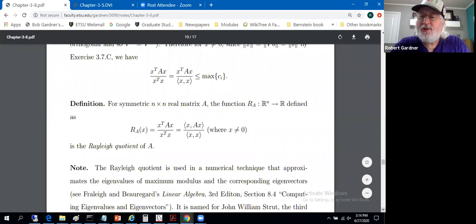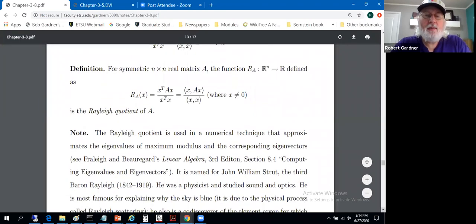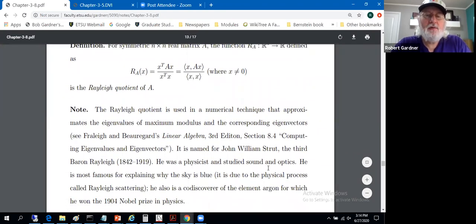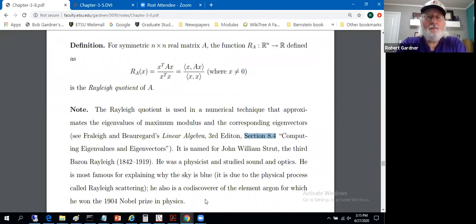I don't know how deeply this is done in linear algebra books; we never cover this in linear algebra. There's too much other stuff to do. But this little paragraph is based on some stuff from Fraleigh and Beauregard's linear algebra book. The claim is the Rayleigh quotient is used in a numerical technique that approximates the eigenvalues of maximum modulus and their corresponding eigenvectors. I'm no numerical guy.